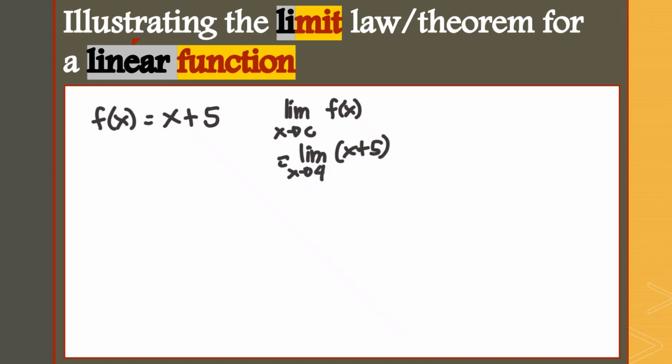We can solve for the limit of this by distributing the notation for the limit to both of the terms. That's one property that we could apply for our limits.